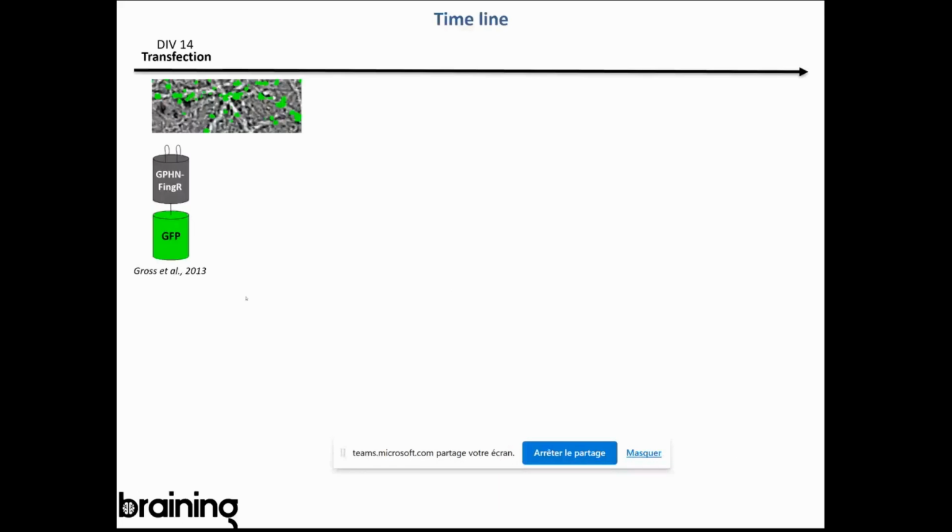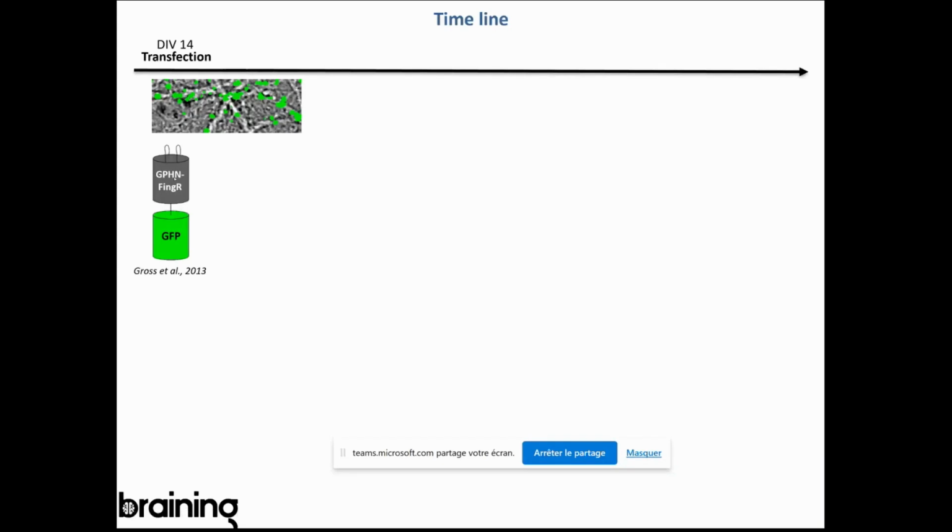So here is a timeline of a typical experiment. Usually we are using a 2 weeks old culture, and we can transfect them using lipotransfection with a synaptic marker. For instance, you can use a Gephyrin-FingR-GFP, a construct that encodes a nanobody coupled to GFP.